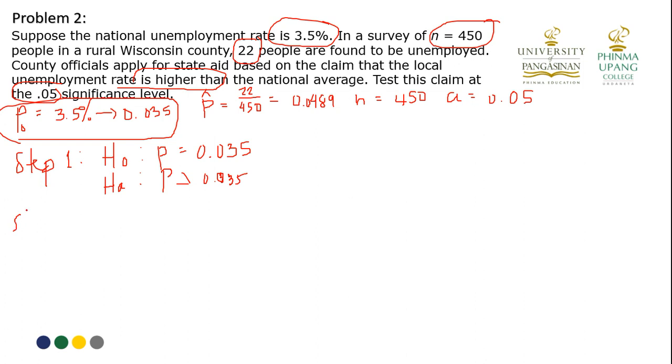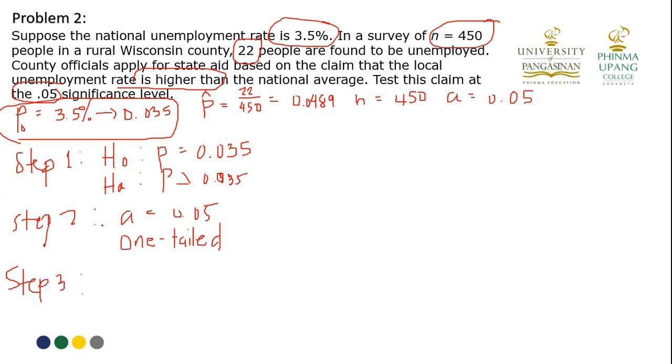0.035. Tapos, dito tayo sa step 2. So, kunin mo yung alpha, 0.05. Tapos, 1 tailed. Sir, paano pag hindi ko po nalagay yung 1 tailed sa exam? So, di 1 point ka lang. So, step number 3.